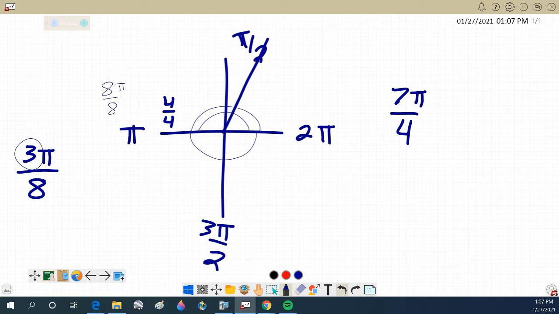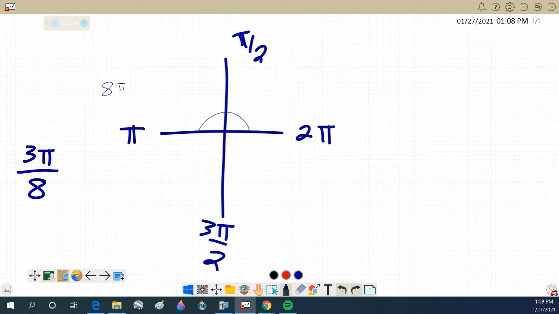How far is it to here? 8/4. So where is 7 compared to 4 and 8? Closer to 8. So this angle here is 7 pi over 4. Okay, now these do get a little bit tricky. Come on. That took a lot longer than I expected.